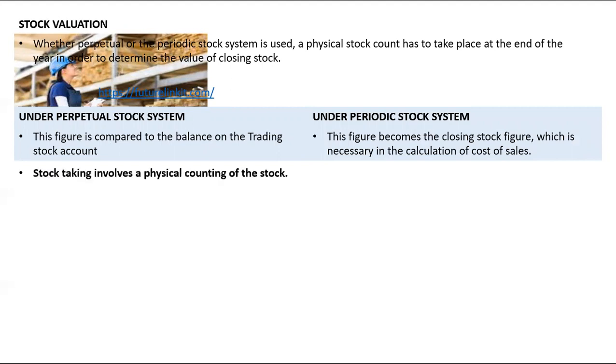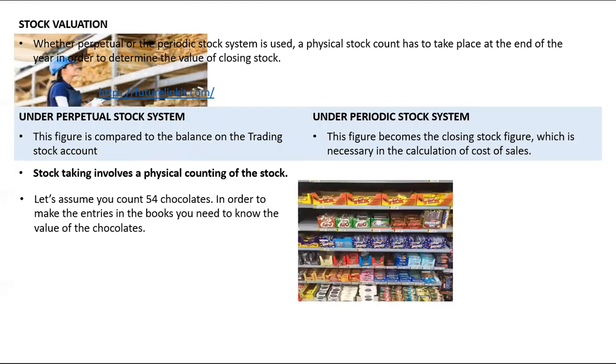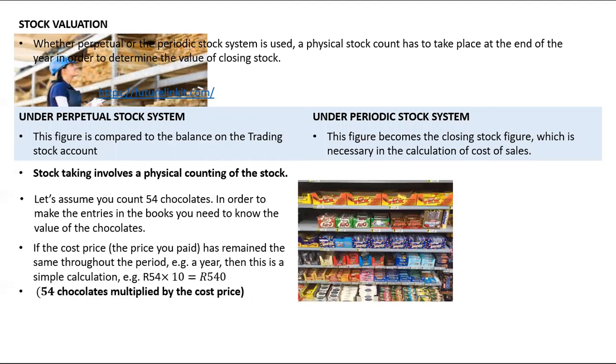Stock taking involves physical stock counting of the stock. Let's assume you count 54 chocolates. In order to make the entries in the books, you need to know the value of the chocolates. Now, in this case, you will have to find the value of each chocolate. If the cost price, the price you paid, has remained the same throughout the period each year, then this is a simple calculation.